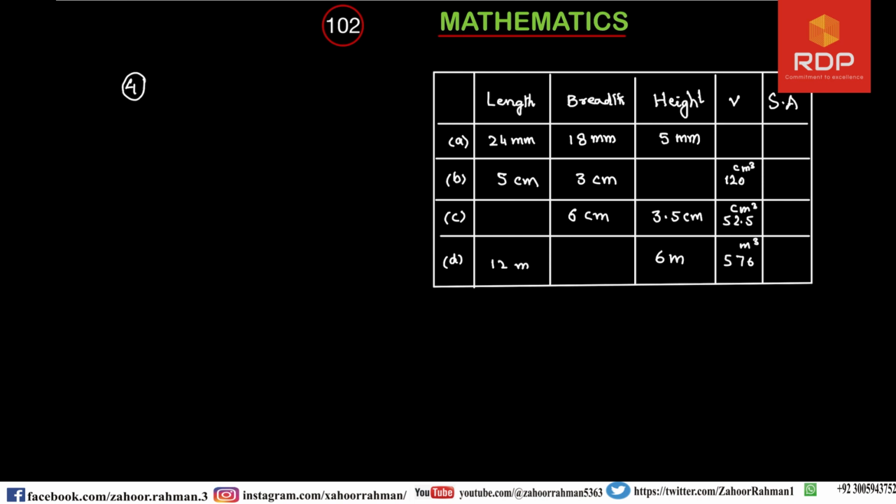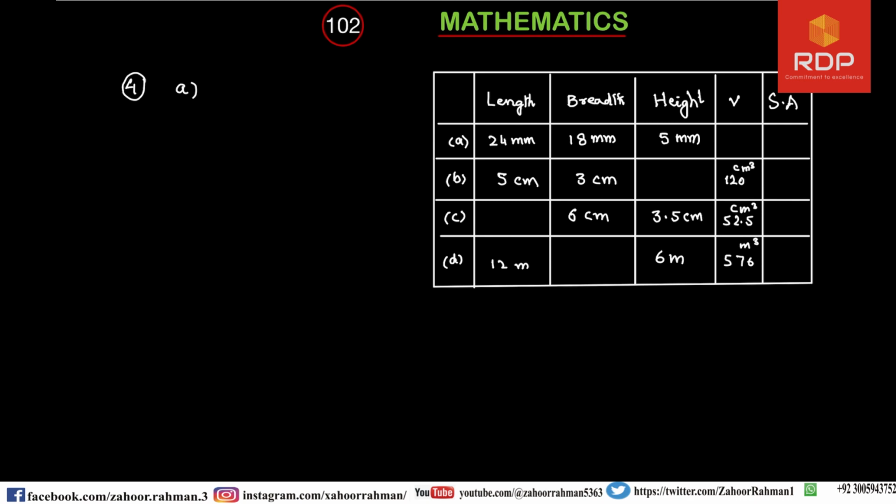This is lecture number 102 of mathematics, and today we are going to discuss question number 4, which is given in the form of a table. So let us first start and do row number A, in which length, breadth and height are given.